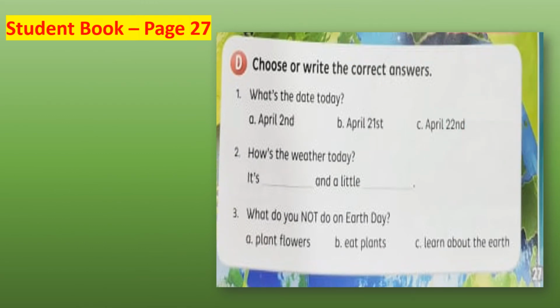Okay, how was that? Let's have a look at the student book, page 27, part D. Question number 1. What's the date today? Is it A, April 2nd, B, April 21st, or C, April 22nd?